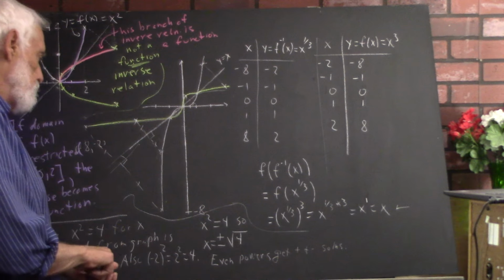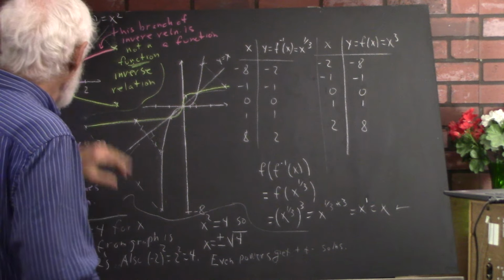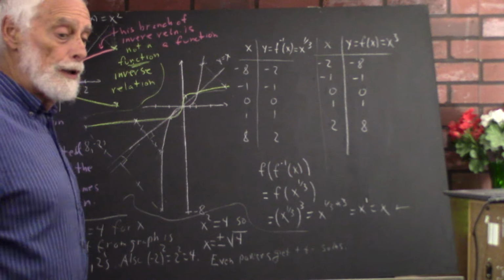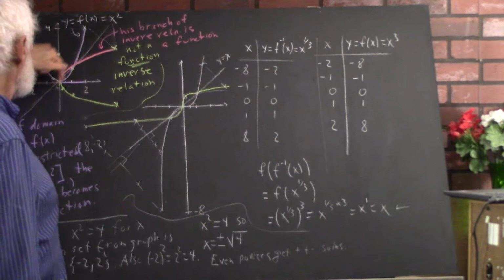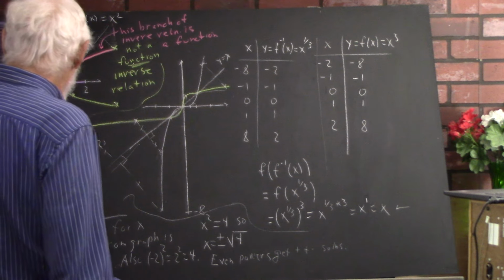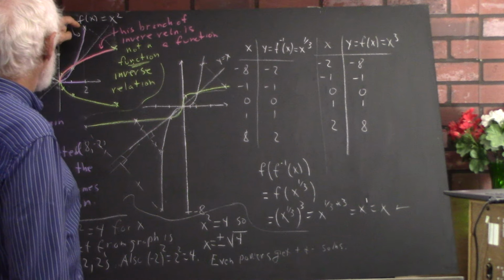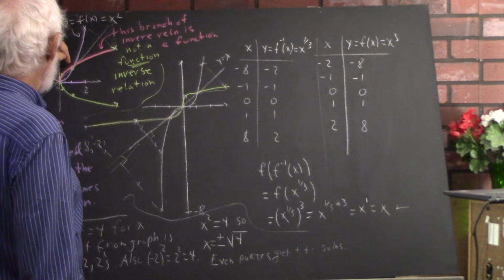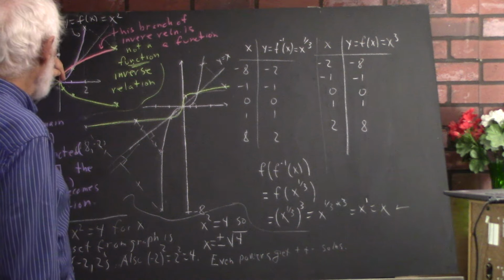Okay. Well, we went on to talk about what happens if you try to do an inverse function for y equals x squared. Now what we did was we constructed the inverse function first for this point and this point and this point.